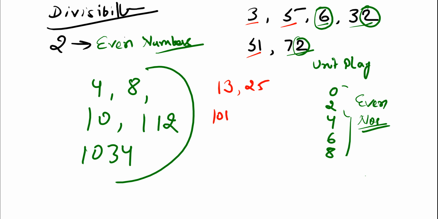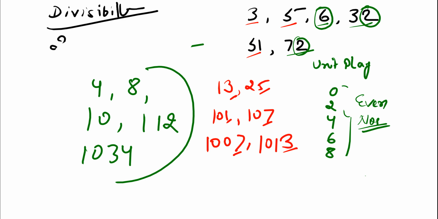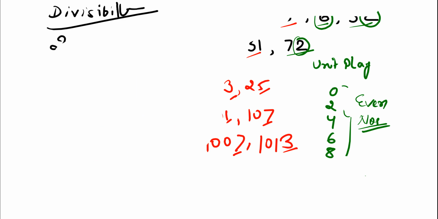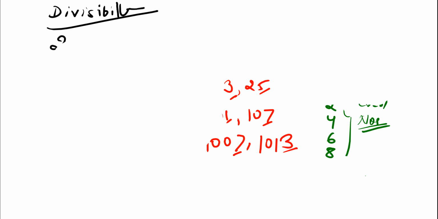And if we take any odd numbers like 1, 3, 13, 25, 101, 107, 1007, 13, these all are odd numbers, so they are not divisible by 2. Okay, let's move to divide by 3.